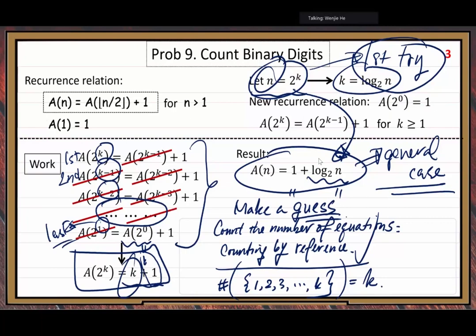When you make a guess, you do not have to guess the final solution immediately, because nobody can guess the final answer, since the final answer could be very complicated. Nobody can make the correct guess all the time.